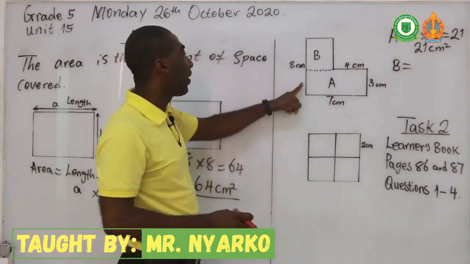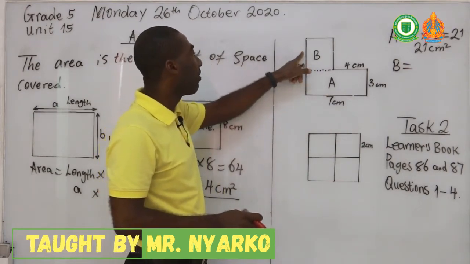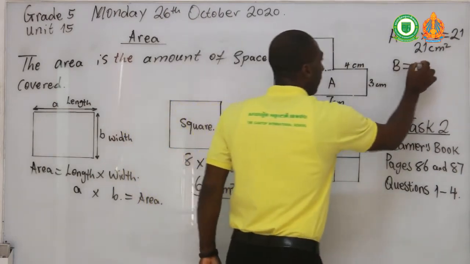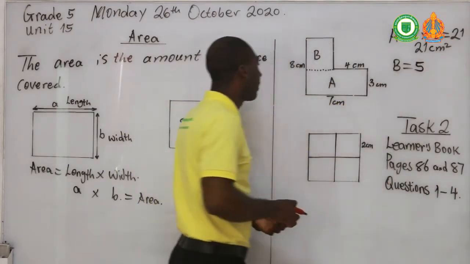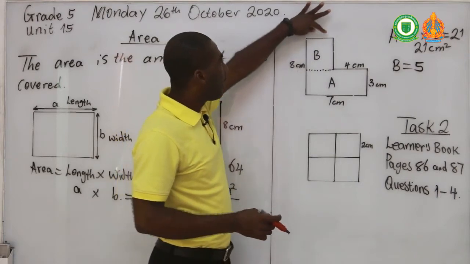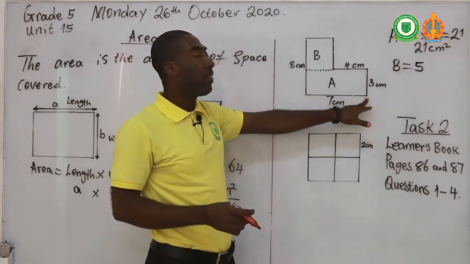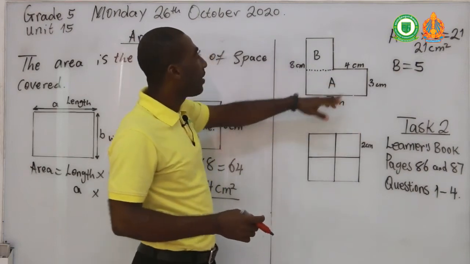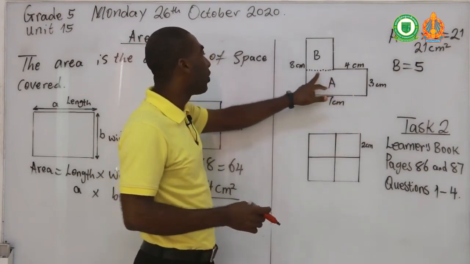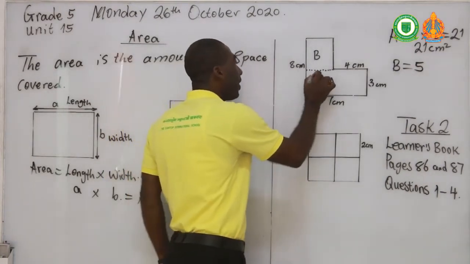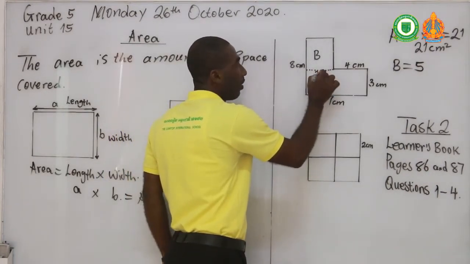So 3 will go off here, and then we'll have 5 here. Then the whole of this space here is 7. So if here is 4, it means we'll have 3 over here. So we can put 3 here so that we don't get confused.